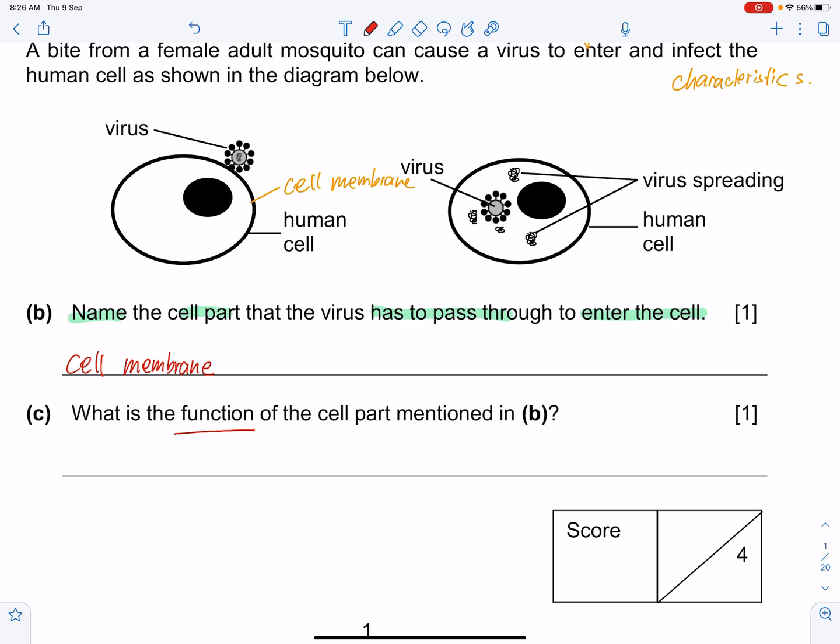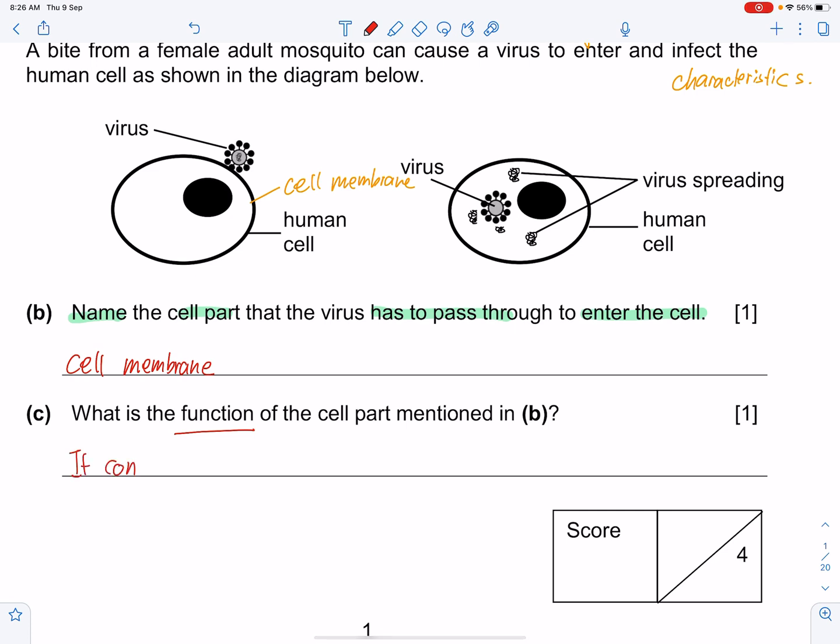You see the difference? The former one tells me that whatever substance enters the cells is being controlled by the cell membrane. It's as if the cell membrane is now a remote control for anything that enters the cell. You need to be careful of your English. Once the meaning changes, even though you got your keywords there, your key idea changes, we cannot award you the mark.